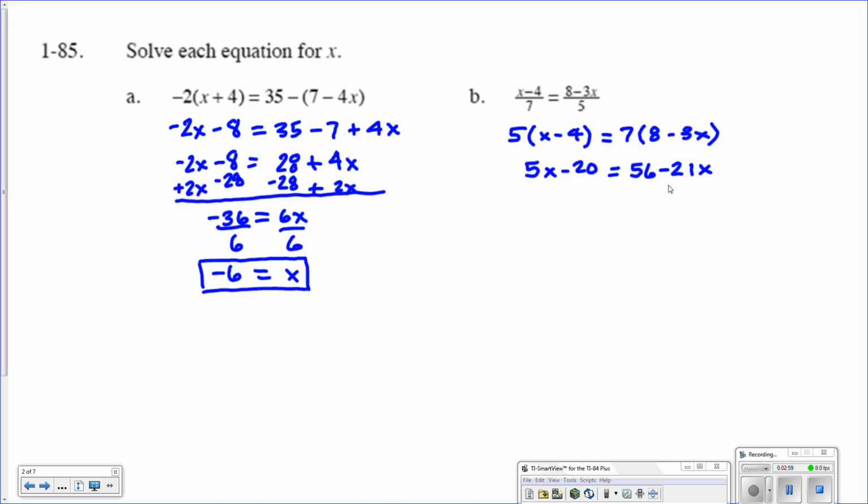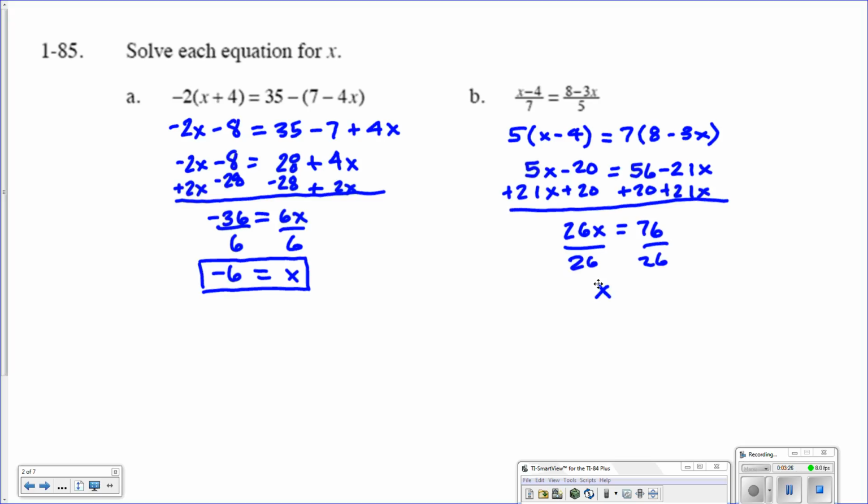I'm going to add my 21x to each side. And then I'm going to add my 20 to each side as well. So now I got 26x equals 76. Last step here, I'm going to divide each side by 26.